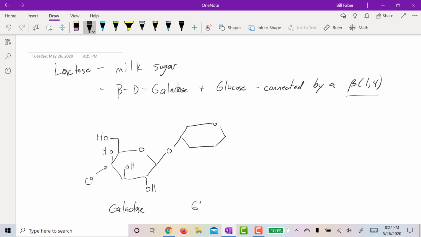It's galactose. And then the glucose is over here. And this wouldn't matter which one, the one on the right, but down, up, and down. And that's the beta 1,4 linkage right there, because that's carbon number 1, that's carbon number 4, this is the beta 1,4 linkage.